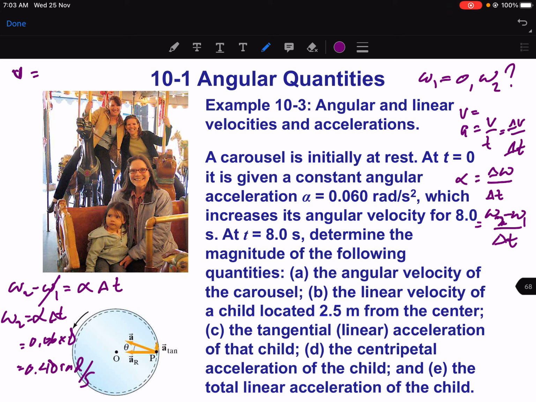So according to the table we discussed yesterday, the relation between V and omega is V equal to R times omega, right? What is R? R is 2.5. Omega is 0.48, right? So it's around 1.2 meter per second.